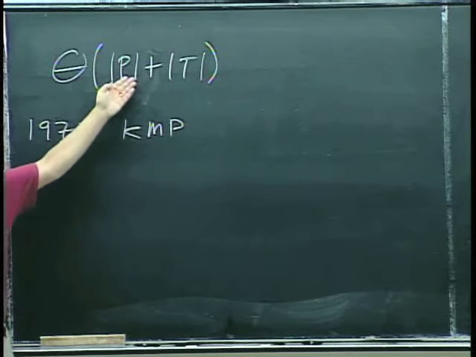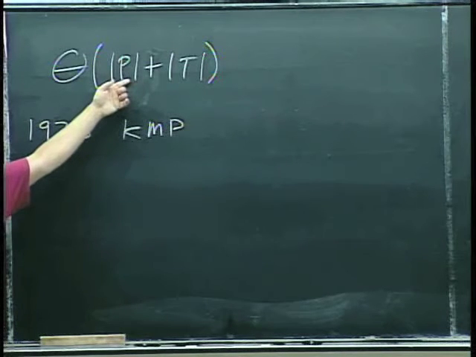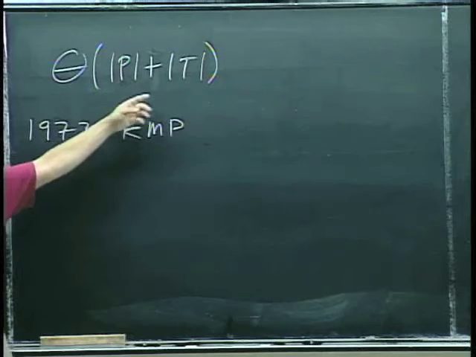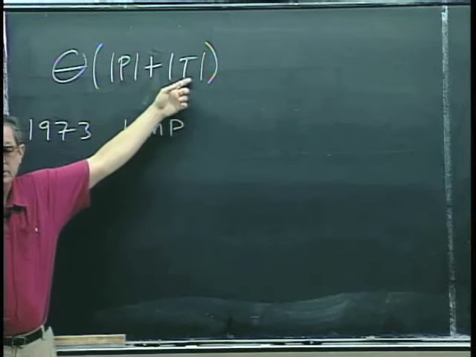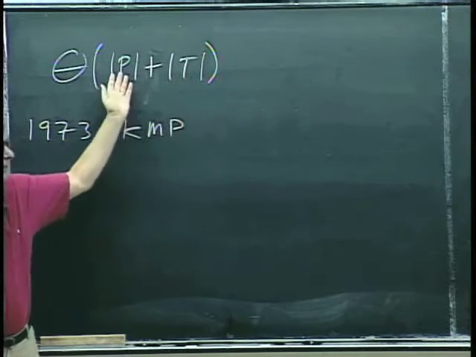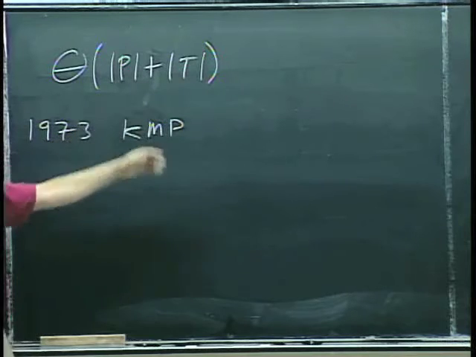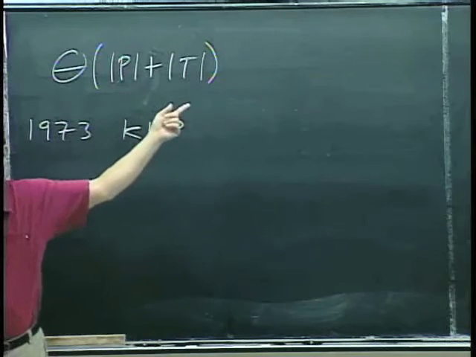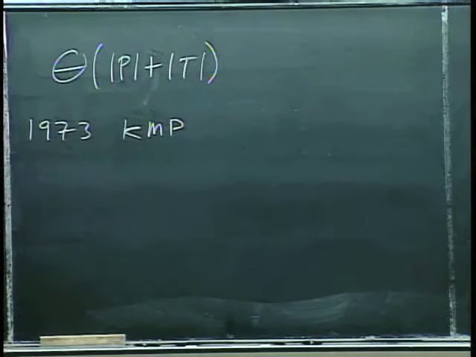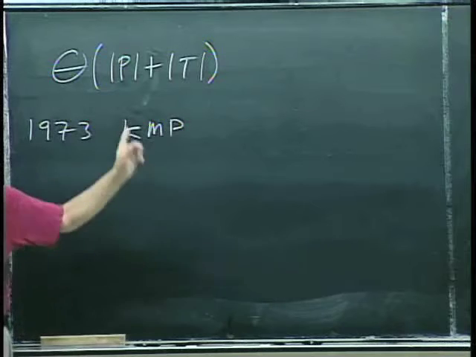You have to spend something on the order of the length of p just to read in the pattern, and something on the order of the length of t just to read in the text. And yet you can find all the occurrences of patterns in text in that time. That's really quite amazing.